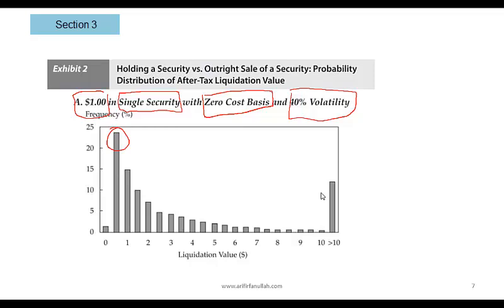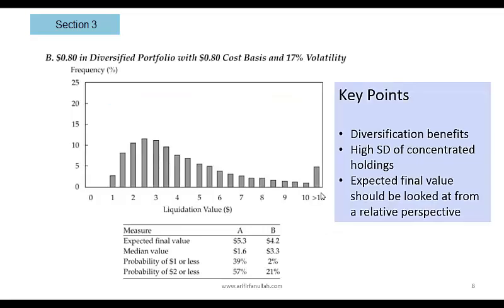Now let's compare this with a situation whereby this individual sold this particular property and incurred a 20% tax. So this was a $1 holding. You sold this holding and you incurred a 20% tax rate, and you invested this 80 cents in a diversified portfolio with a 0.8 cost basis and a 17% volatility. What happens to the volatility when you go for diversification?